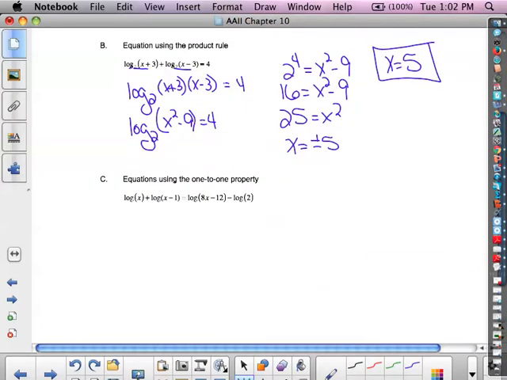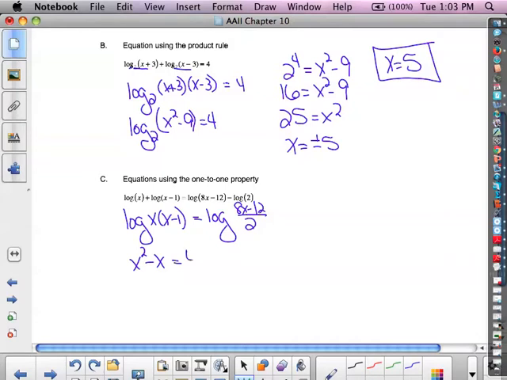So therefore, x is equal to 5 only. For C, I have log expressions on both sides of the equal sign. So again, I'm going to use the product rule, quotient rule, or power rule to condense this. Then I'm going to use the one-to-one property. So this becomes log x times x minus 1 is equal to log of 8x minus 12 over 2. So on the left, I have x squared minus x.